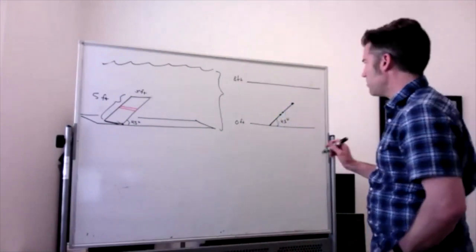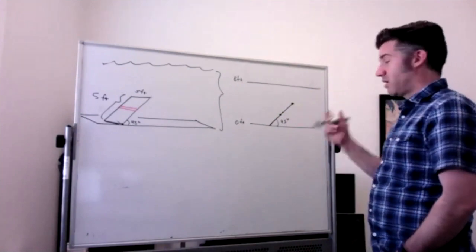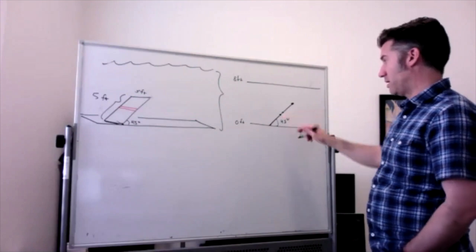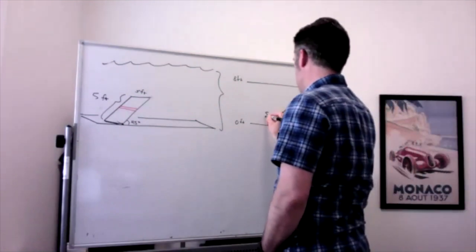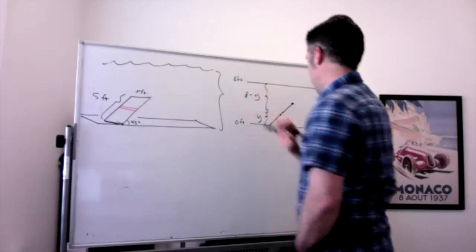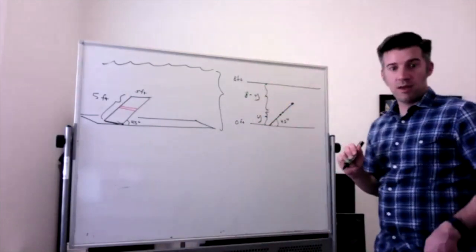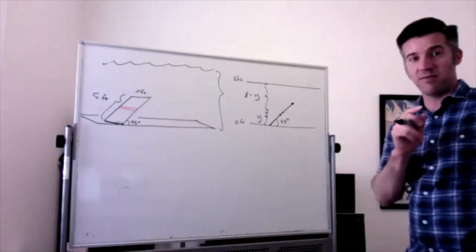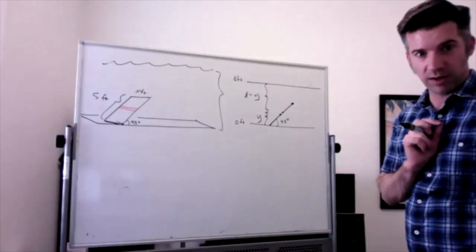So, here's what I'm thinking. We have this small segment here, and it's at a height of y. It's at a depth of 8 minus y. That's a very good point. Thank you, Morgan.